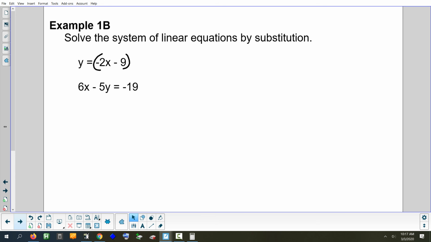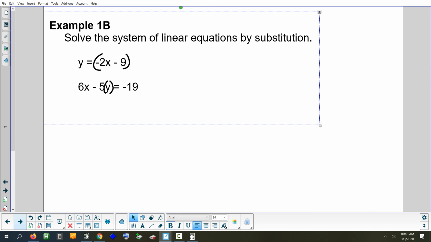I also have to put parentheses somewhere in the bottom one. What am I going to put parentheses around in the bottom? Yeah. The Y. Always put the parentheses around the letter that was by itself in the other one. So Y was by itself. We put parentheses here.